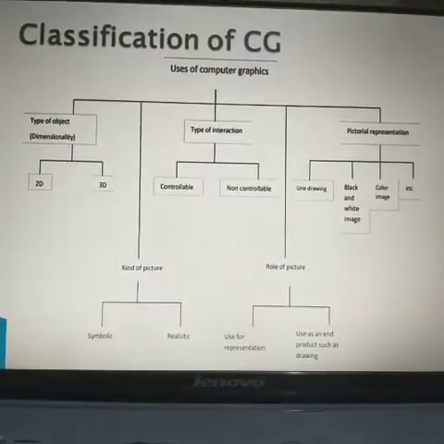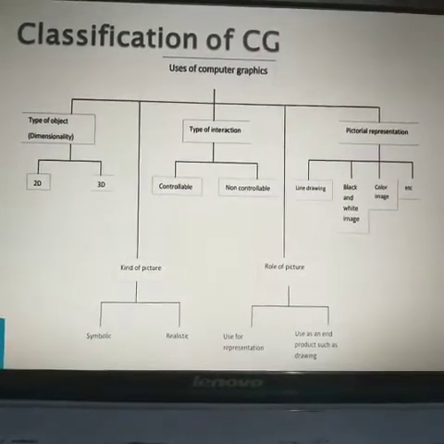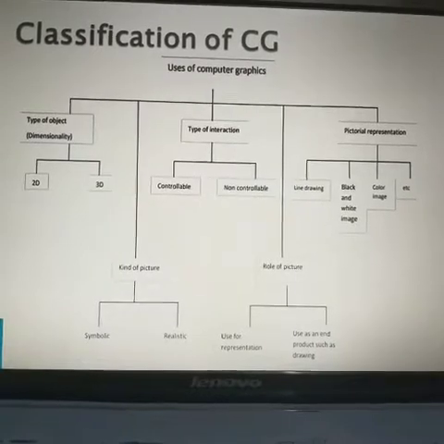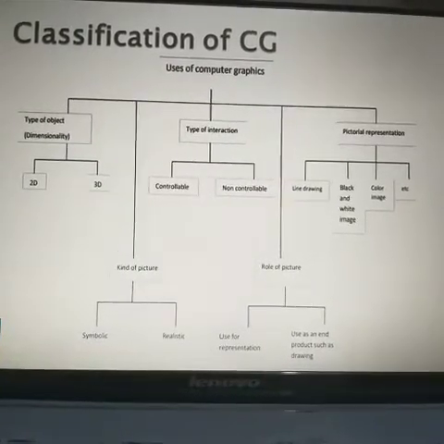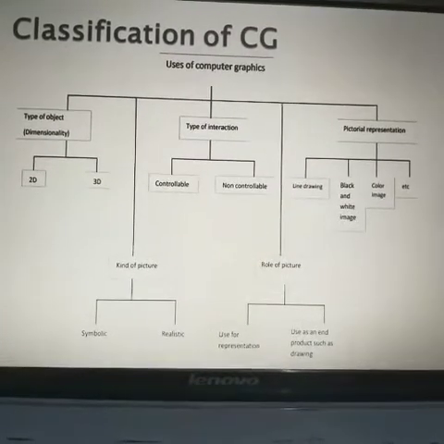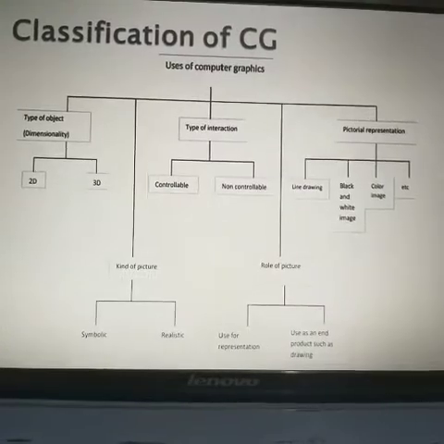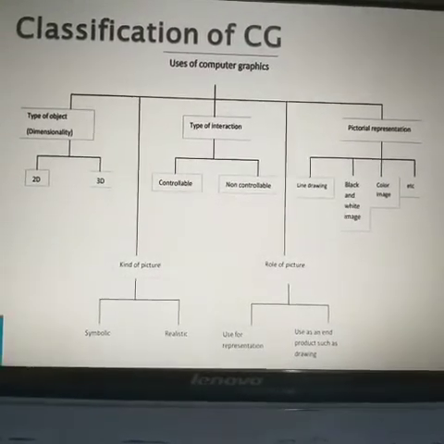In the last lecture, we already learned what computer graphics is. It is mainly a running process or simply system software that is used to create, manipulate and store pictures or various images in the system with the use of a programming language.